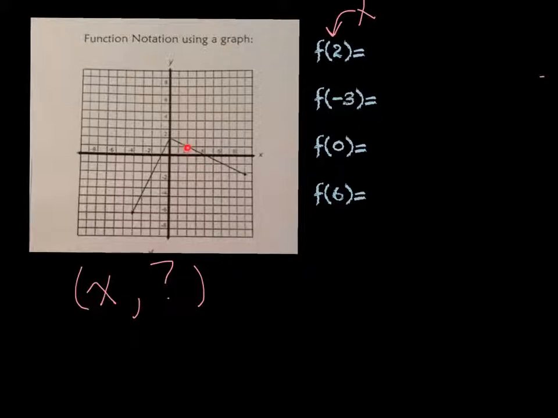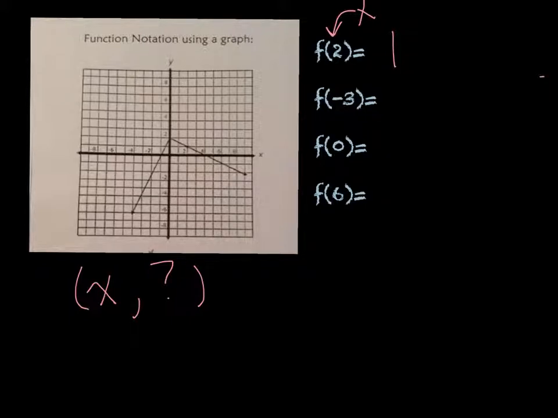Right here, and the y value there is 1. So when x is 2, y is 1. Again, at any point, if you want to do them on your own, pause the video, and then replay to get your answers.